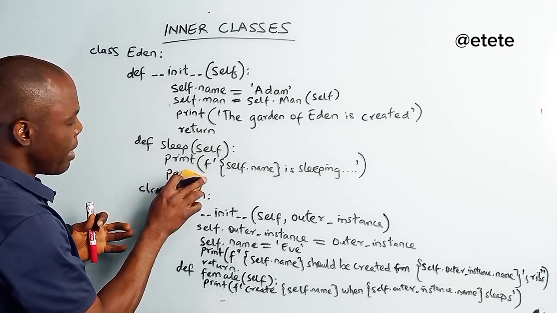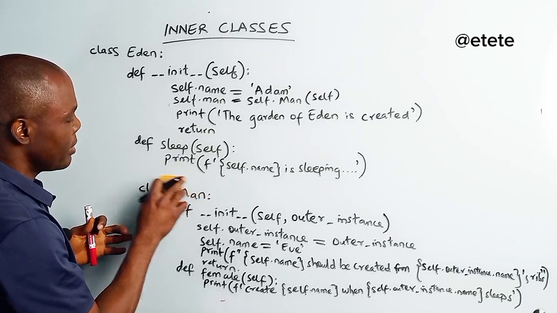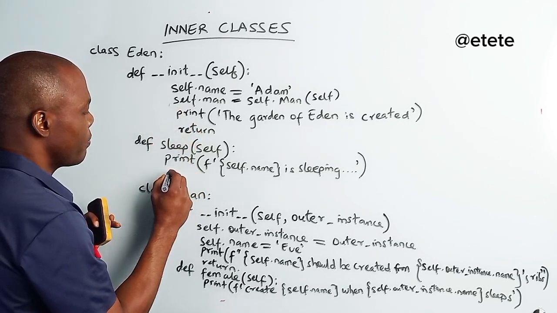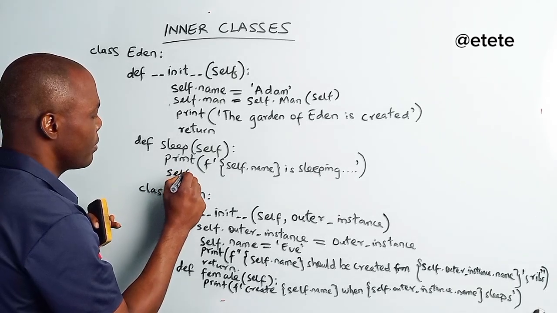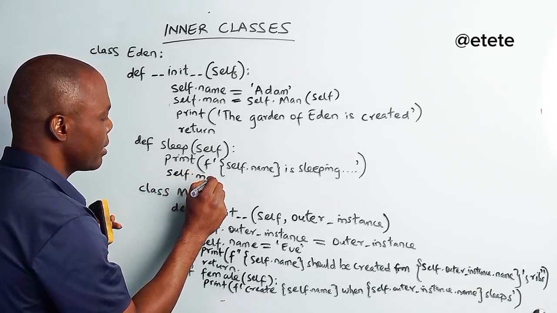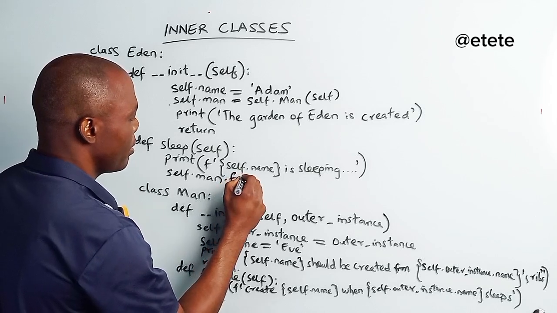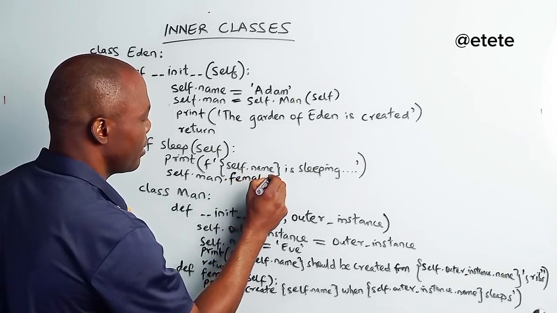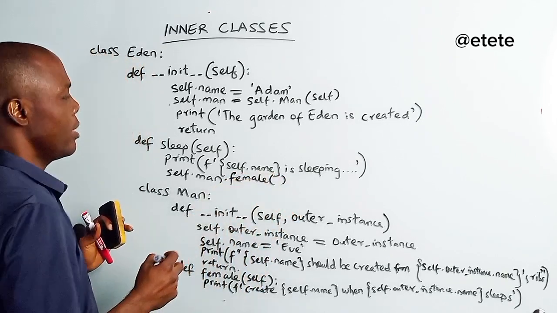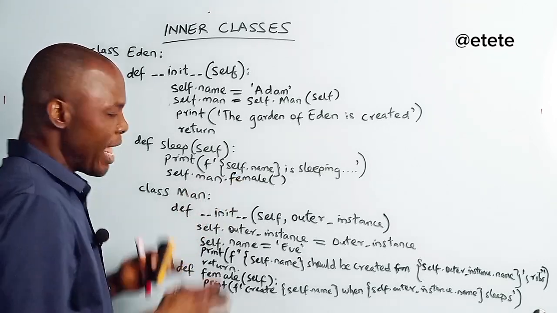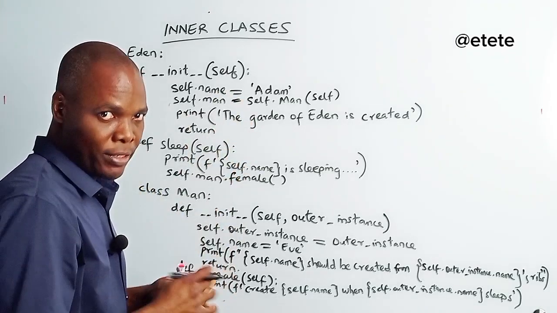So I'm going to come back to this place where I have pass. And then I will say self.man.female method. So I'm going to call this. Now, this is my class that I've written.